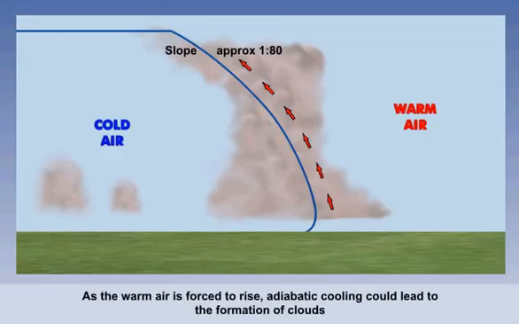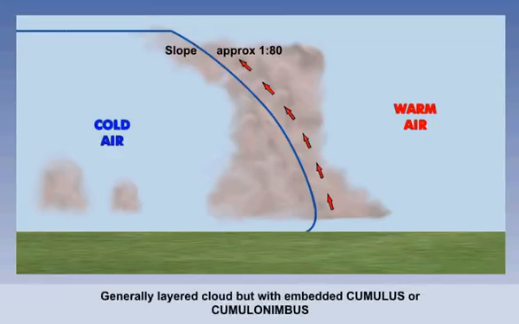This may cool the air to the dew point and condensation will occur. As a result, clouds will form along the front. The slope of the cold front is a little steeper than the warm front. This slope is still quite shallow, and the clouds created by the rising air would still be layer type.